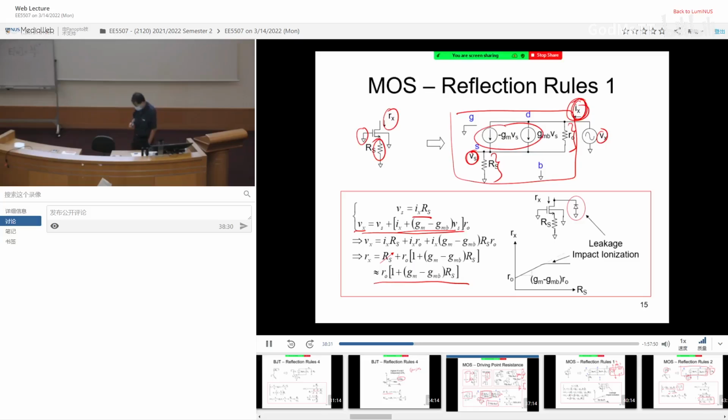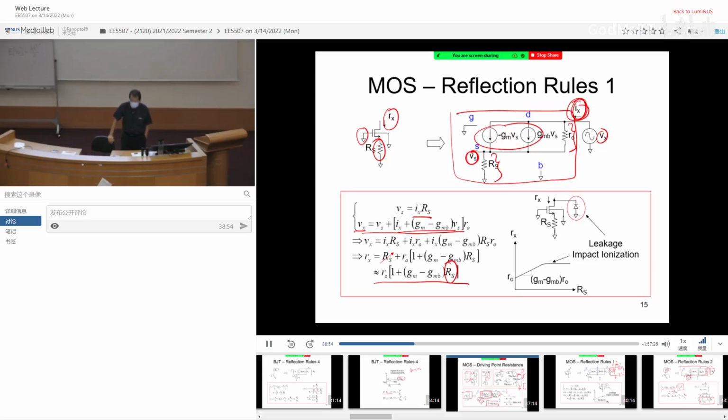So unlike BJT, you see that it is directly proportional to the resistance inserted at the source terminal. Ideally, or in theory, the larger the RS, the larger the drain equivalent resistance or driving point resistance that you can get for MOSFET.